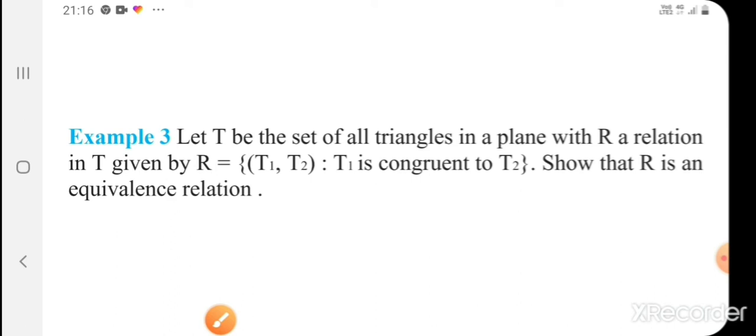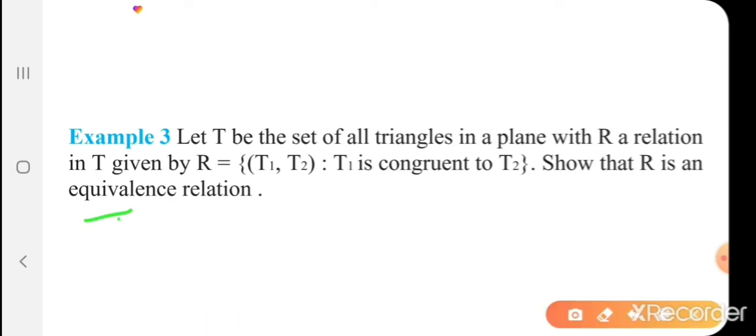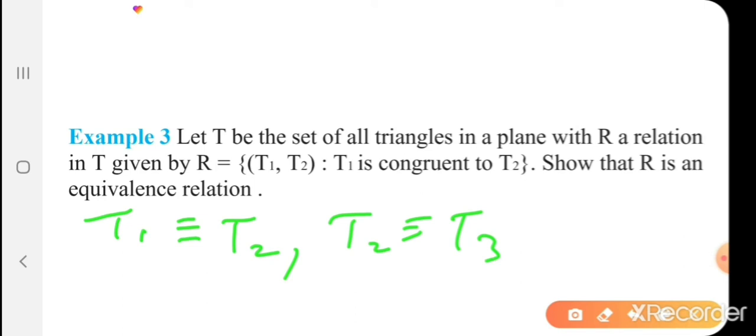Next, the third one is transitive. This is also very simple. T1 is congruent to T2, and T2 is congruent to T3. Then clearly T1 is congruent to T3.